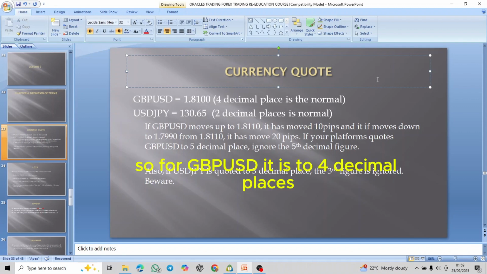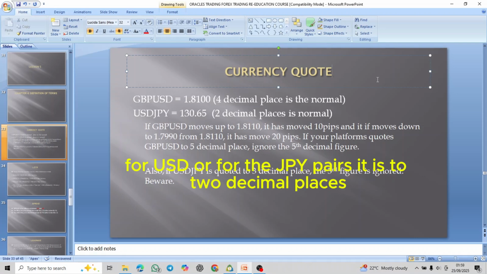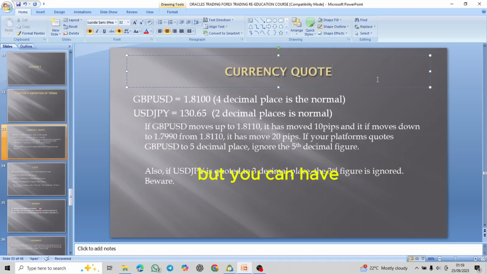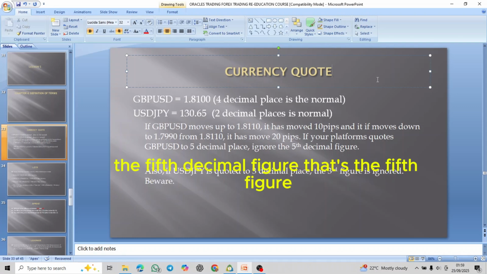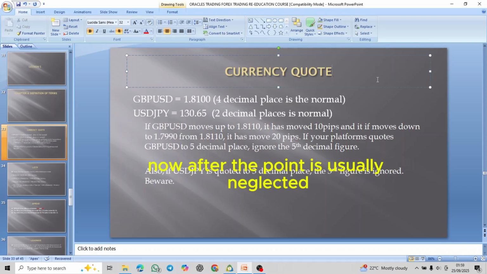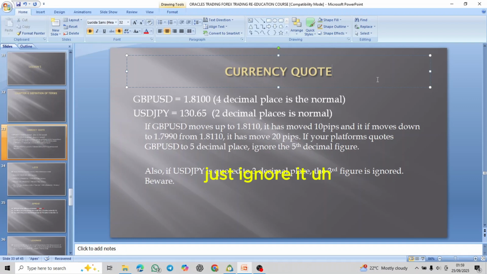So for GBP USD, it is to 4 decimal places. For the JPY pairs, it is to 2 decimal places. But you can have a platform that is giving you up to 5 decimal places. The 5th decimal figure, that's the 5th figure after the point, is usually neglected. Just ignore it for the 4 decimal place pairs.